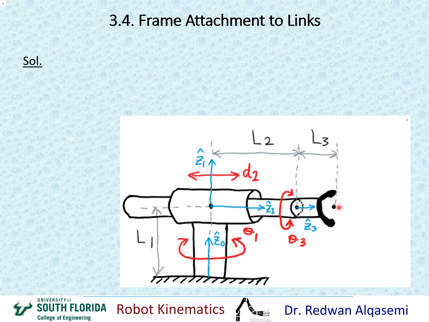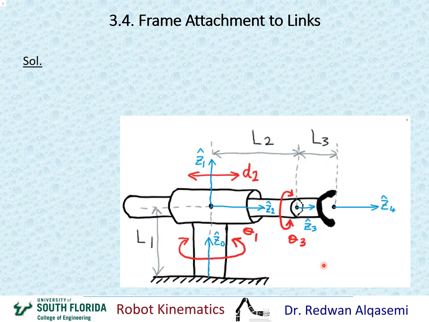So in this case, I'm going to start it from here and move in this direction, similar to the Z3 direction. That would be my Z4. All these Z-axes are assigned now, and as you can see, Z2, Z3, and Z4 are all sharing the exact same line, and Z0 and Z1 are sharing the same line as well.